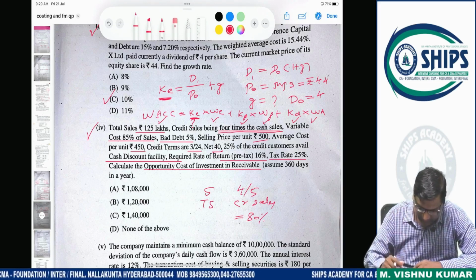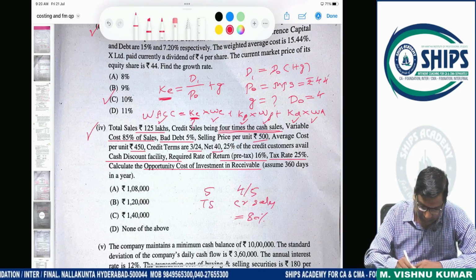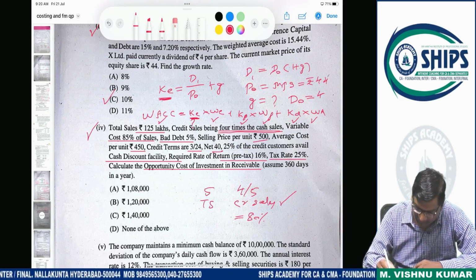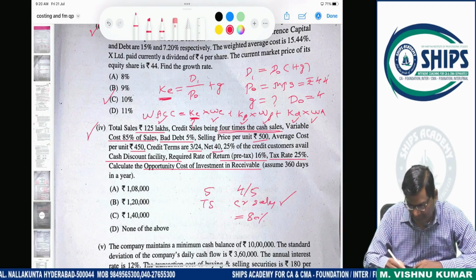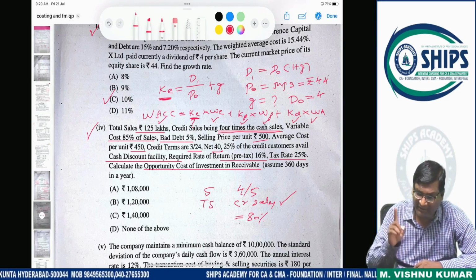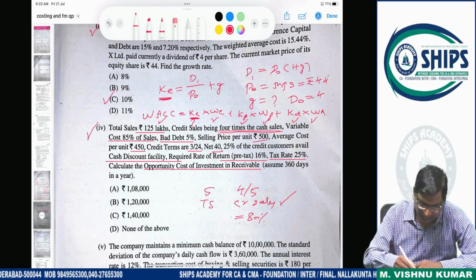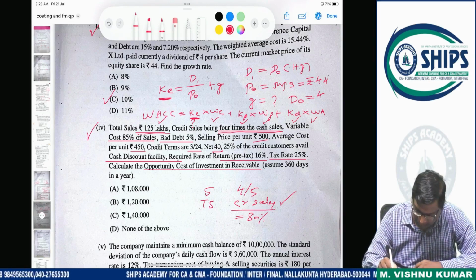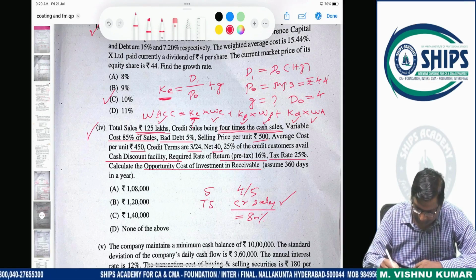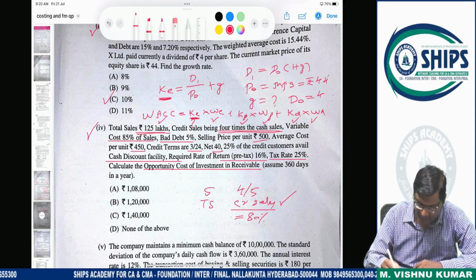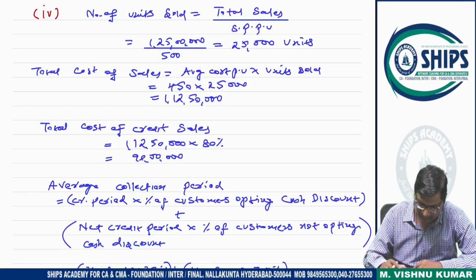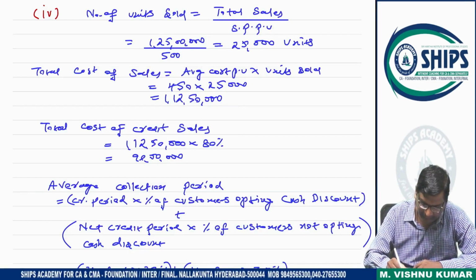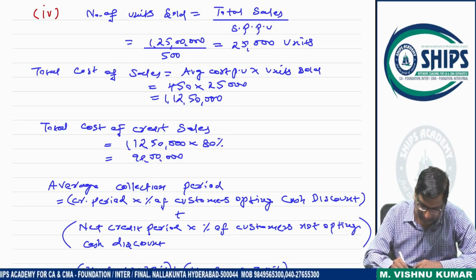You cannot calculate on total sale. Receivable management is applicable on credit sale only. Please remember, if you calculate on 1 crore 25 lakh, it will be wrong. You have to calculate on the credit sales portion only. The credit sale portion is 4/5, so this is 80%. So of 1 crore 12 lakh 50,000, 80% is the credit portion. This is 90 lakh. That's it.